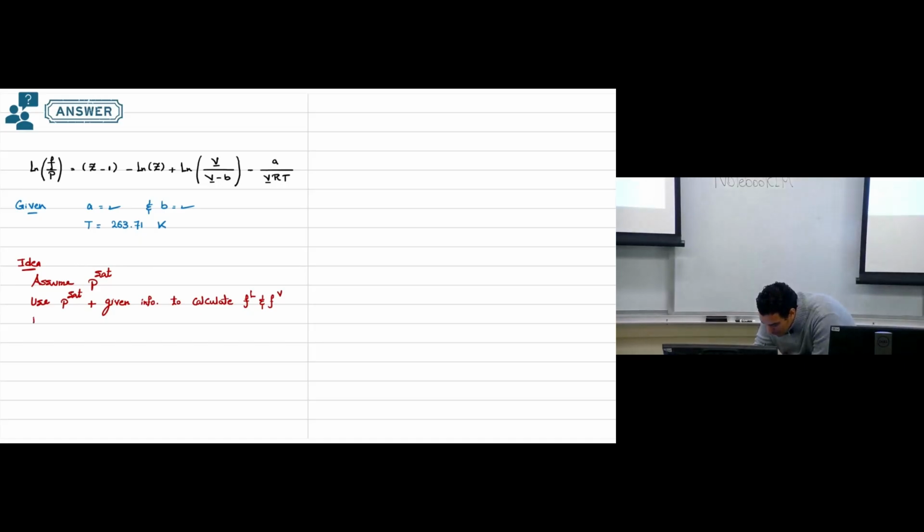And if fugacity of the liquid equals fugacity of the vapor, then this means you have the correct assumption.